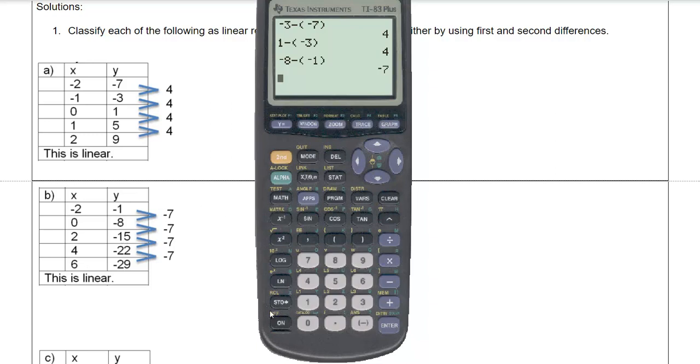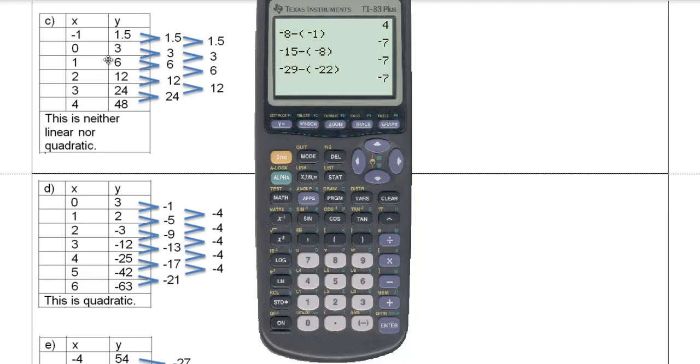For the next one, we want to change from -8 down to -15. So we put in -15 first, subtract from it -8, and that's also -7. You'll find all the first differences, even down at the bottom, -29 subtract the -22, work out to -7. They're all -7, so once again, it's linear.